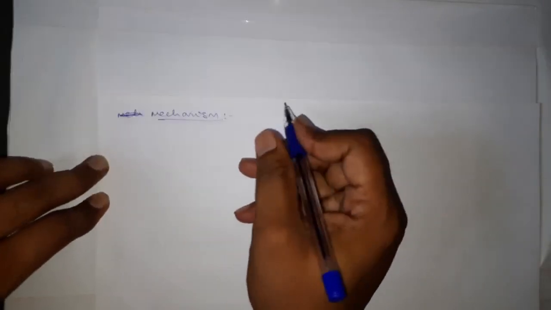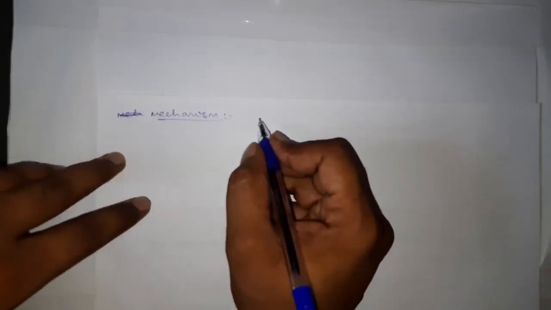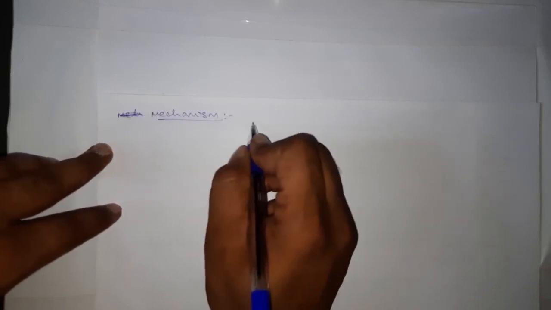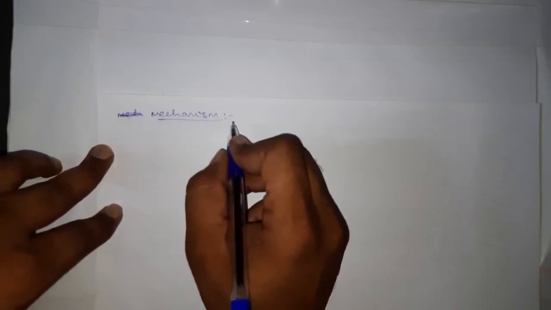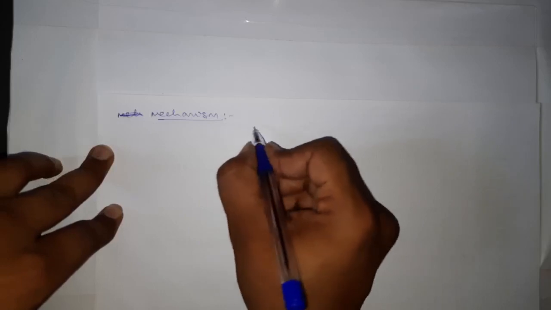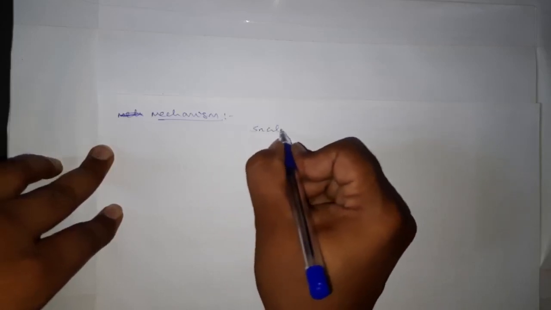Mechanism of the formation of aldehydes from nitriles. The general mechanism for the formation of aldehydes from nitriles. See, the first step is what?